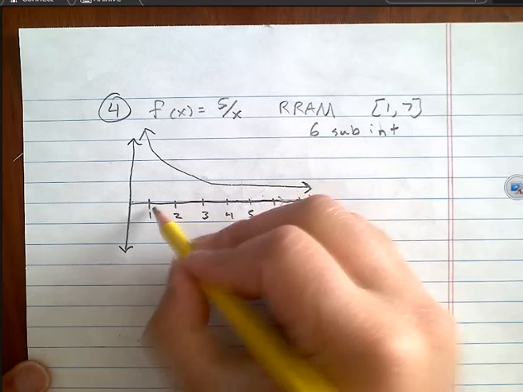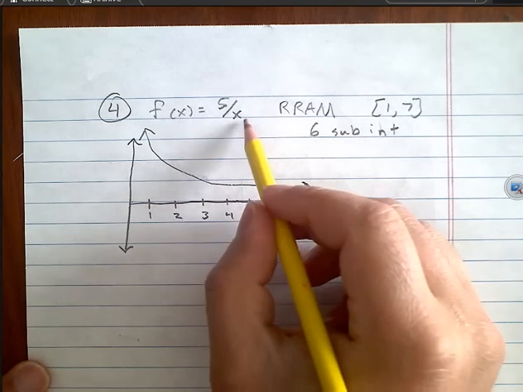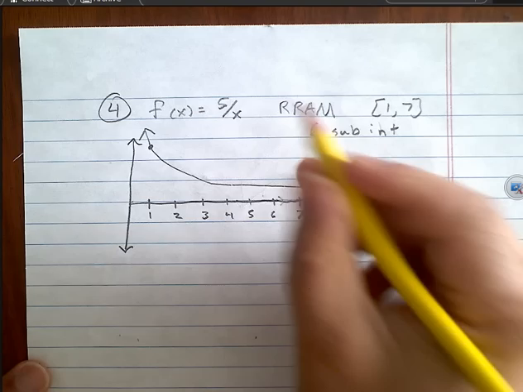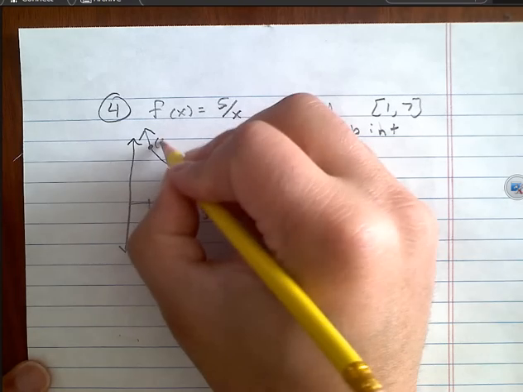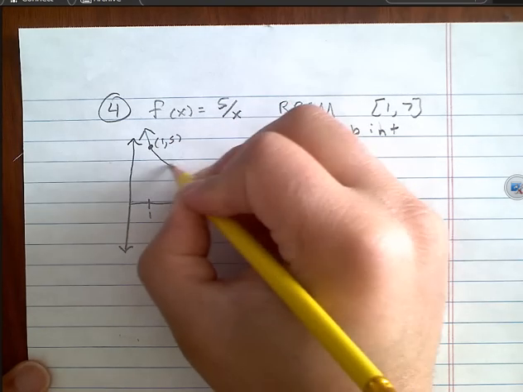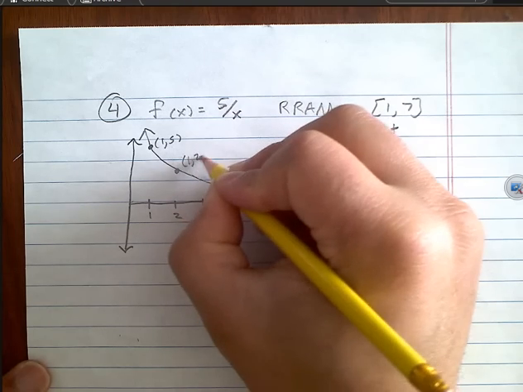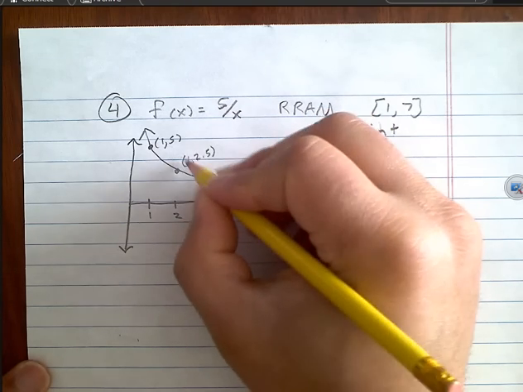Well, let's go ahead and do some simple math right here. When I plug in 1, 5 divided by 1 is 5, so 1 comma 5 is here. And then plug in 2, 5 divided by 2 is 2.5, so 2 comma 2.5.